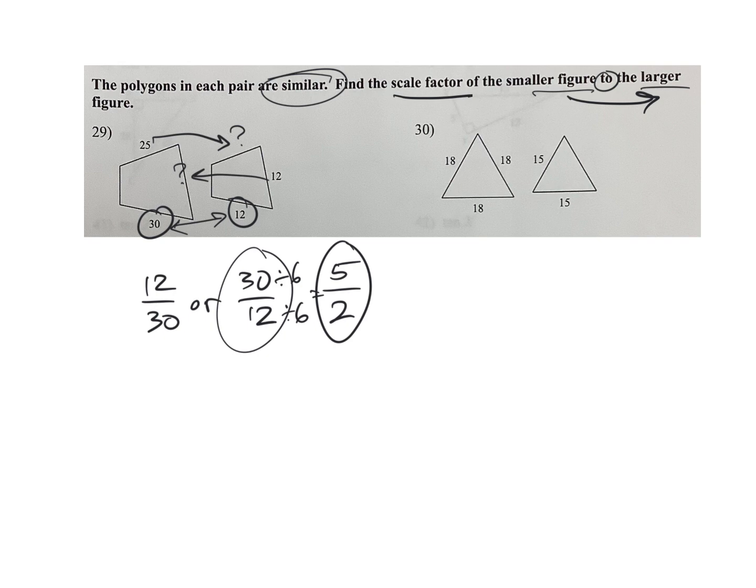So they list it like this, 2 to 5. This doesn't help you in this form. Scale factors have to be written in fraction form, because what do you do with scale factors? Scale factors are used as scalar multipliers, meaning they're just numbers that you multiply something else by. So if I took 5 halves times 30, what am I getting?